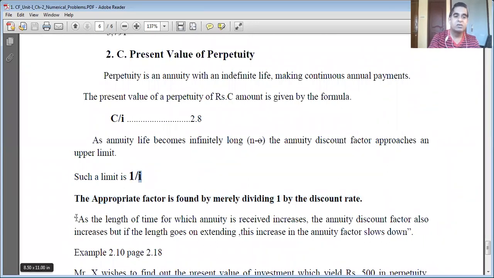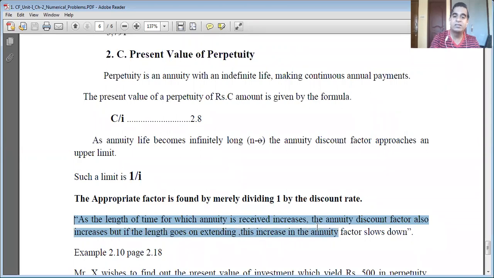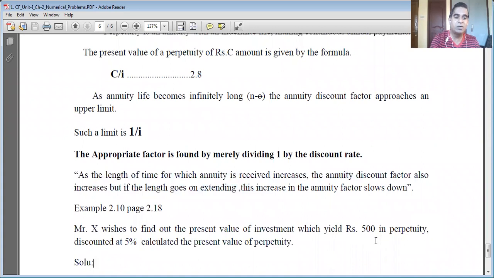As the length of time for which the annuity is received increases, the annuity discount factor also increases. But if the length goes on extending, this increase in the annuity factor slows down. Anyway, you need not give much attention to this factor now. We'll just go ahead with a small example to understand how the present value of perpetuity will be found.